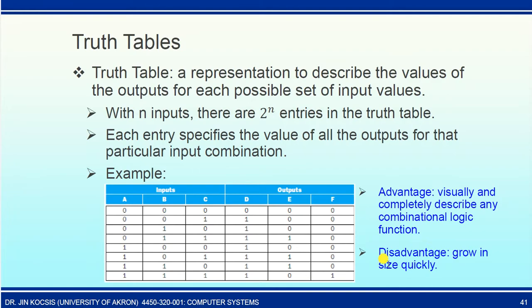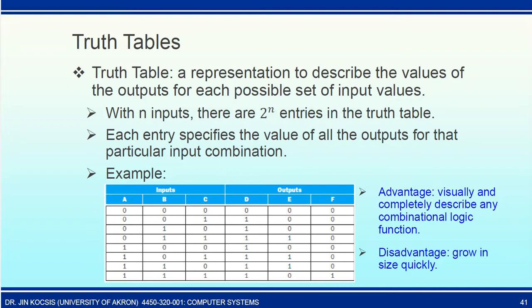And the truth table is good because it helps you to visualize all the situations. This method is really good when you don't quite understand the circuit yet and you try to do some experimental validation. During that time, the truth table helps you to visualize all the performance of the system. The disadvantage is also obvious.